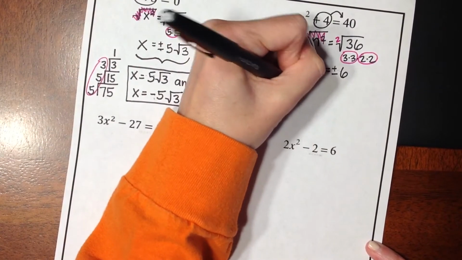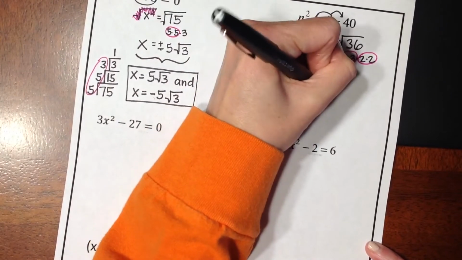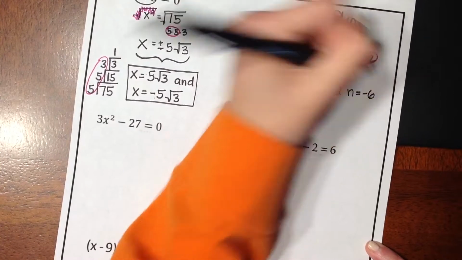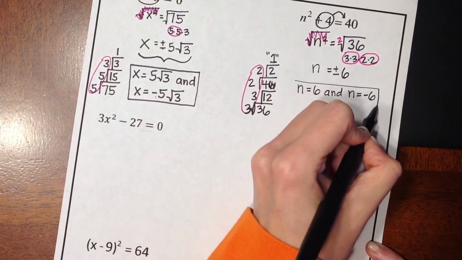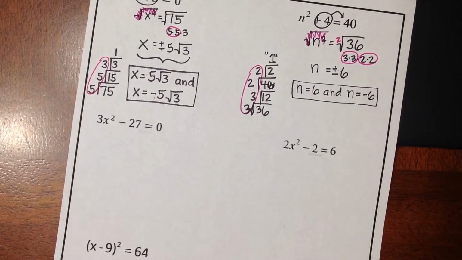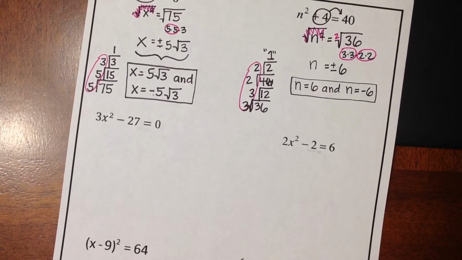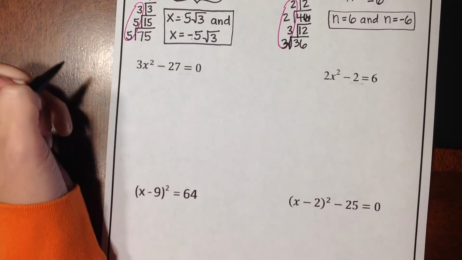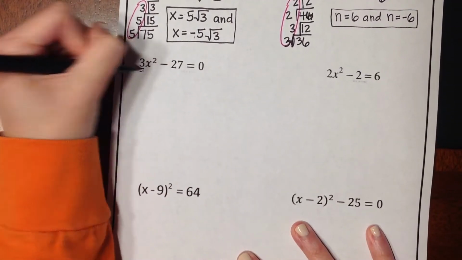So this really means n is equal to a positive 6, and n is also equal to a negative 6. Again, you can check this by using the graphing method, which we'll look at here in just a second to check our work.